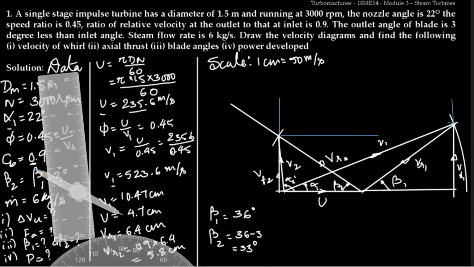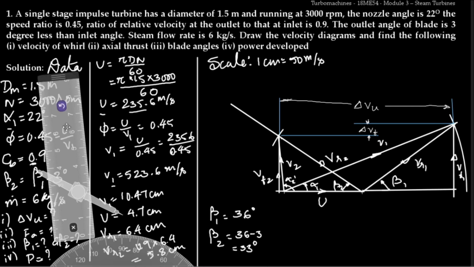From this point I'll draw one more horizontal line. Now I need delta VU, which is this distance, and I need delta VF, which is the vertical distance between these two lines.